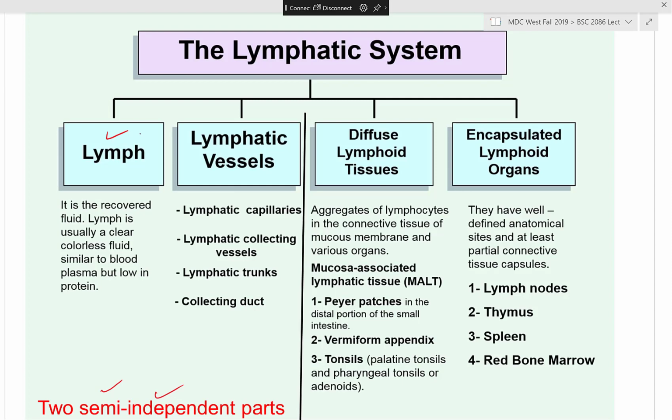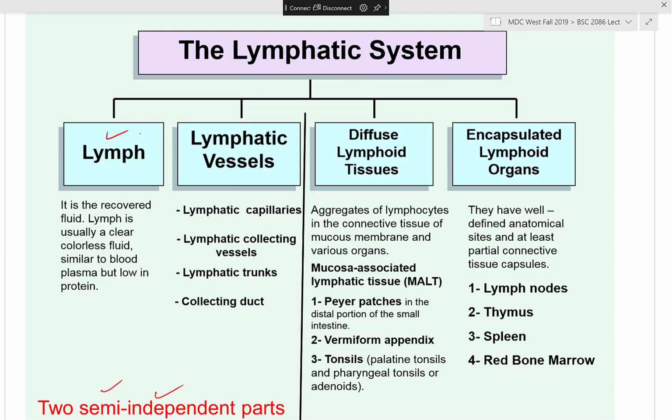The plasma is the one that goes in the interstitium, yes? 80%, 85% of that gets reabsorbed back into the blood capillaries. Whatever is left, that 15%, is still interstitial fluid, right? When that is picked up by the lymphatic capillaries, then the name changes from interstitial fluid, right, to what? To lymph. But it's the same blood plasma that you have there, which now has a little more waste products, correct?